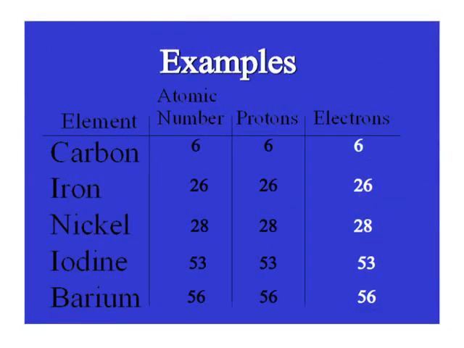This slide again gives you the calculation of electrons in some of the atoms. So carbon, whose atomic number is 6, has 6 protons and 6 electrons. Iron, whose atomic number is 26, has 26 protons and 26 electrons.